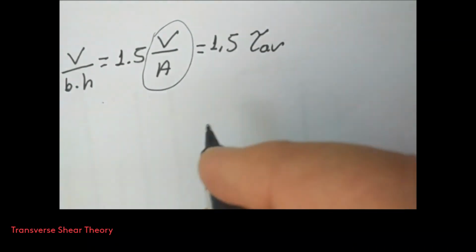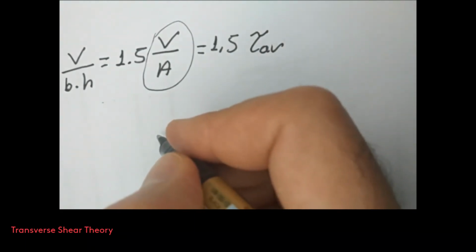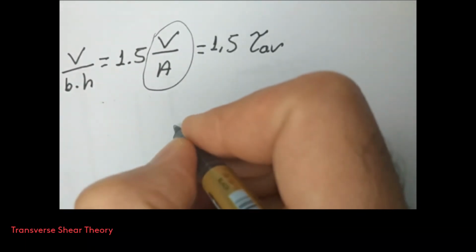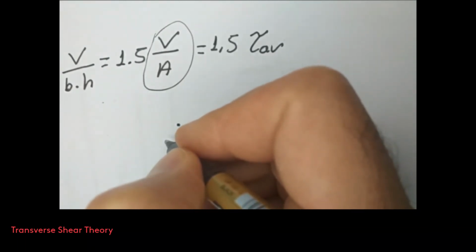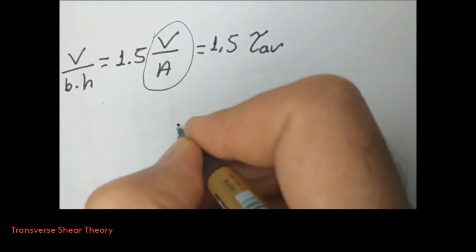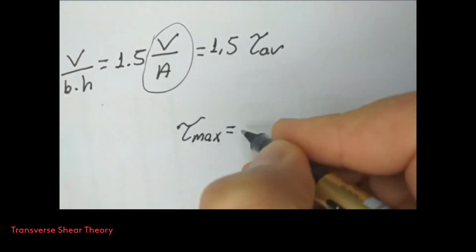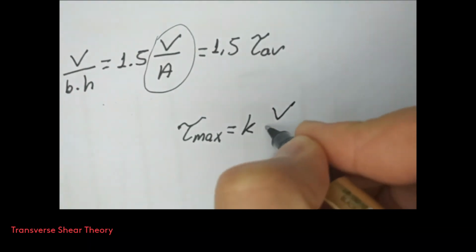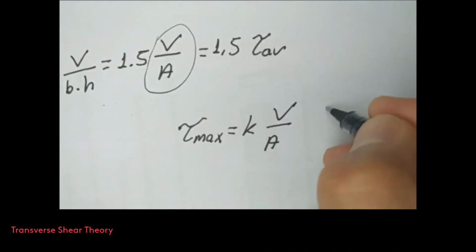Sometimes for arbitrary cross sections it's possible to formulate the expression for the maximum stress, because generally we are interested in maximum stress, and that is the threshold for failure in many problems. So we write the maximum shear stress formula as tau equals K multiplied by V divided by area, and K for a rectangle is 1.5.